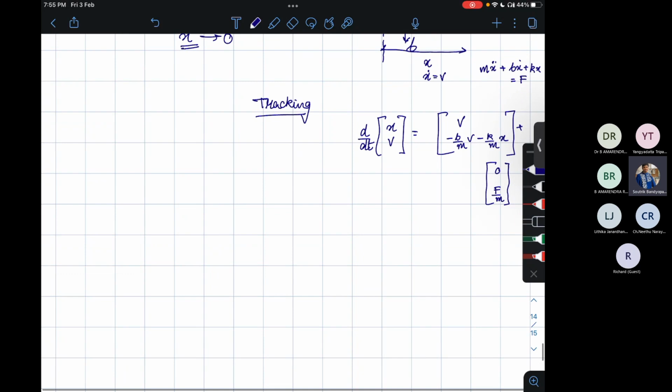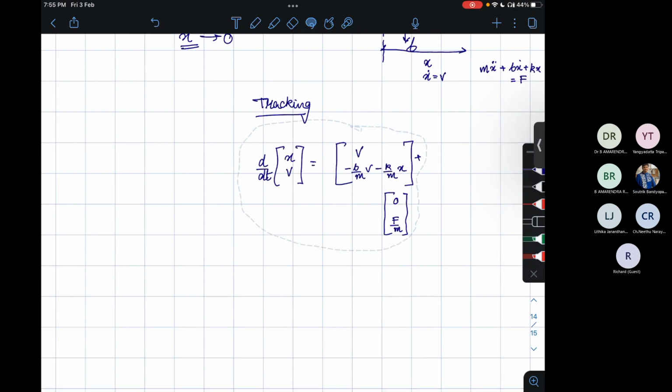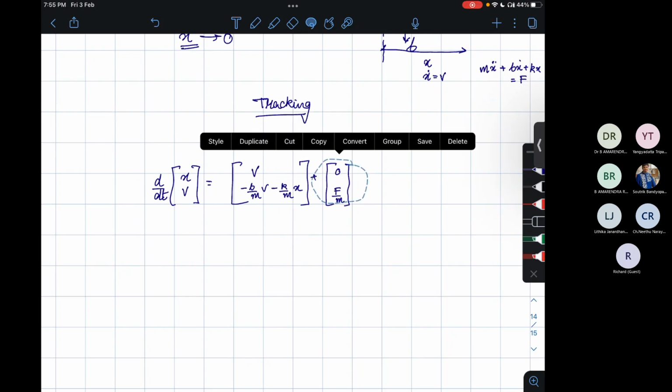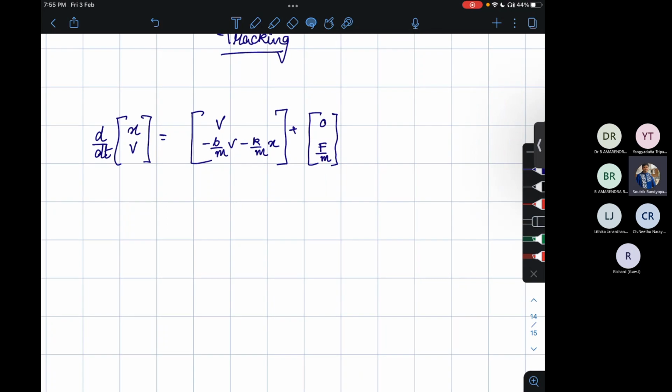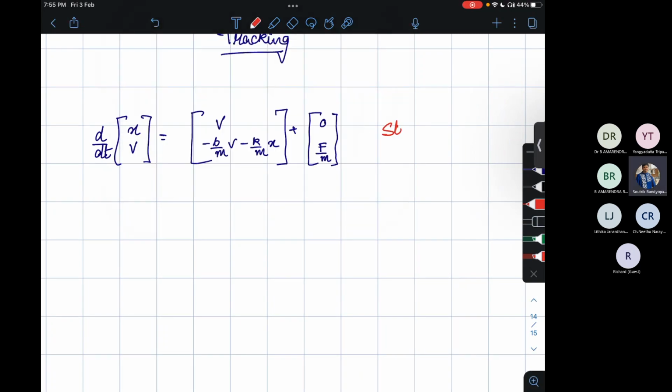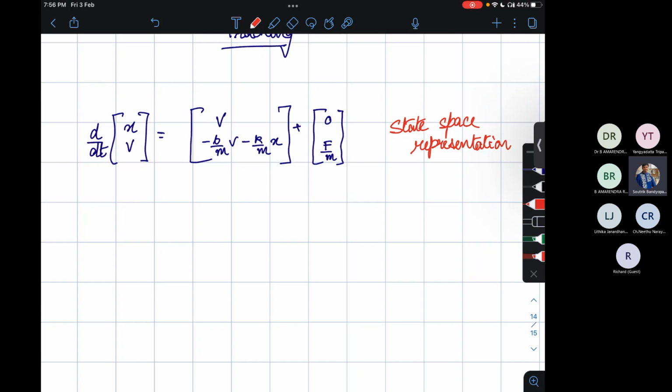So this is your state space representation. Right?